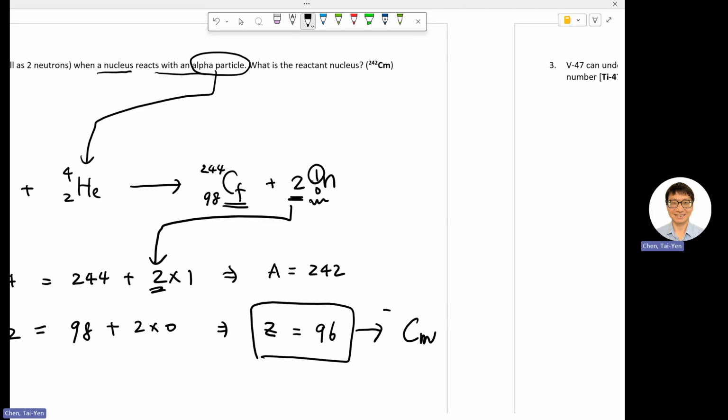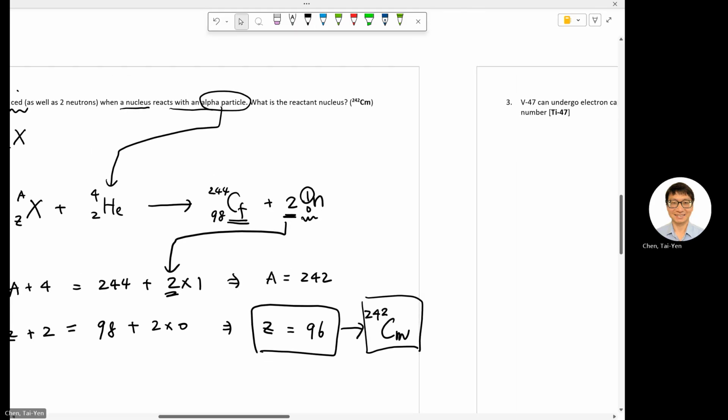And then you put its mass number 242. That will give you the final answer. Okay, so it's a very simple operation. Okay, any questions for this?